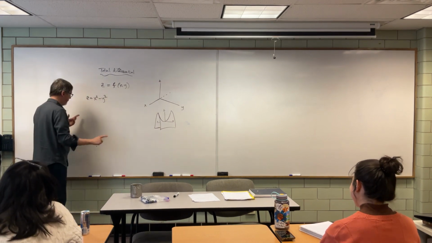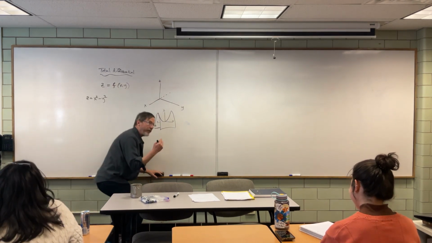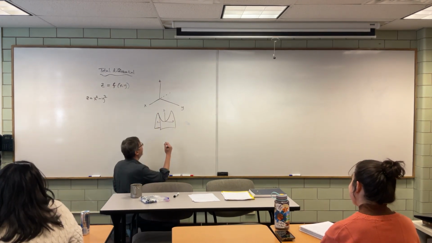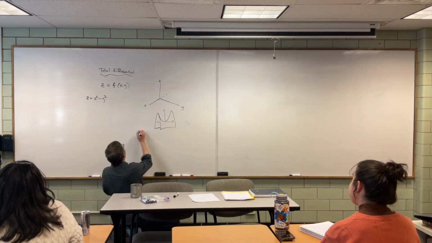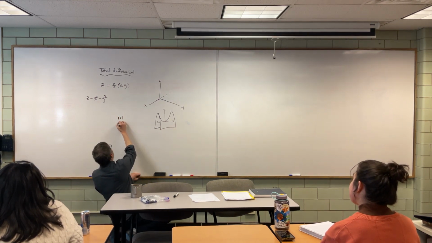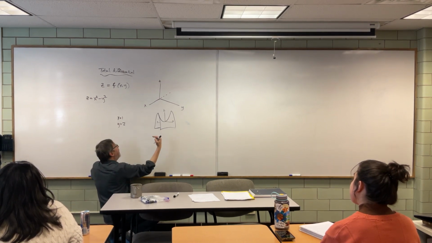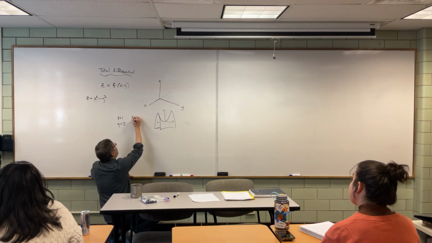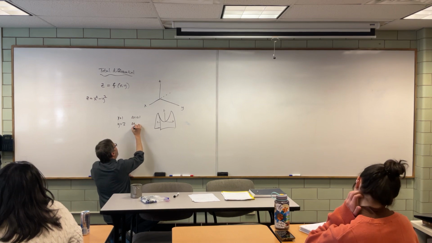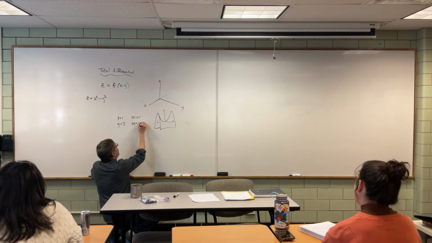So what if I was interested in estimating the change on this surface? Let's say I was at the point x equals 1, y equals 2, and I wanted to estimate the change in output if the x changed by a little bit and the y also changed by just a little bit.